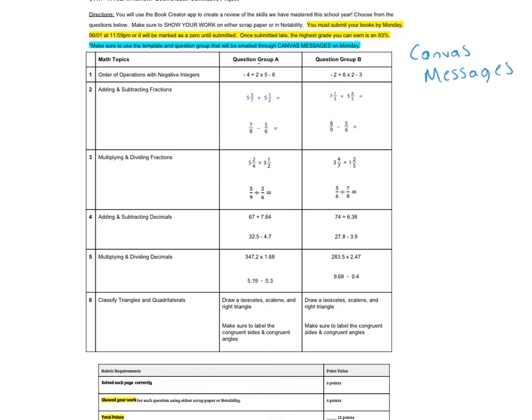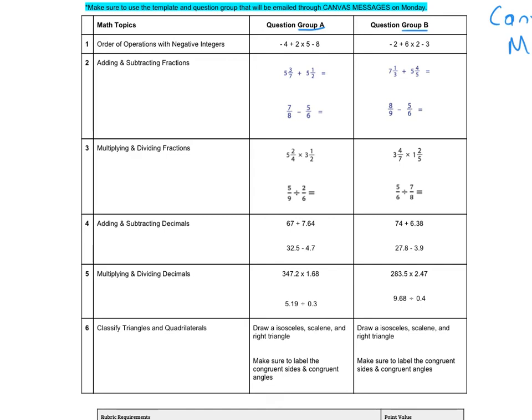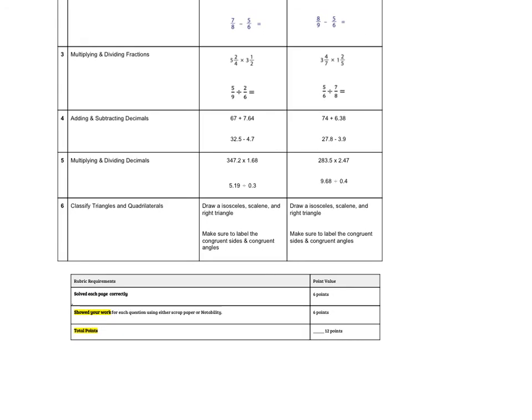You're either going to be in question group A or question group B. So if you're in question group A, you're going to answer these into your book creator that Mrs. Feynman just shared with you. Make sure you show your work.